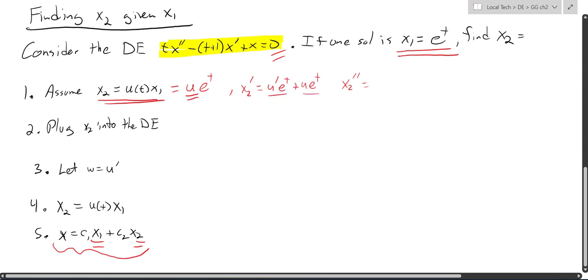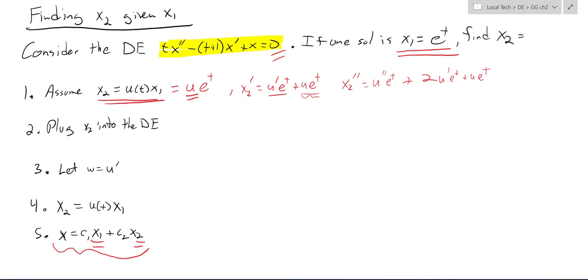The derivative of the first product is the derivative of the first thing times the second plus the first times the derivative of the second. I move on to the second term here. So plus the derivative of the first times the second plus the first times the derivative of the second. And then I can consolidate my two middle terms to get 2 times u prime e to the t. So we'll just consolidate these to look like that.